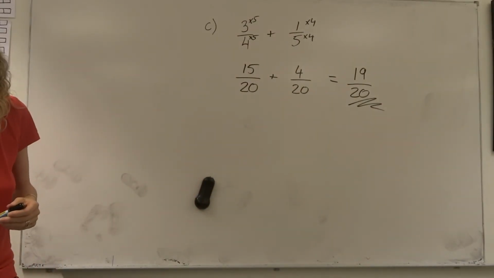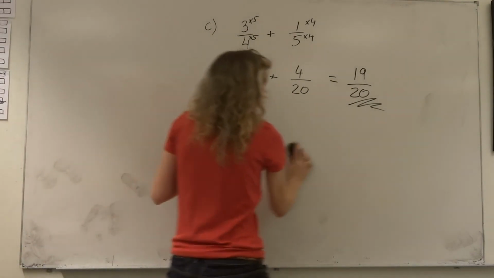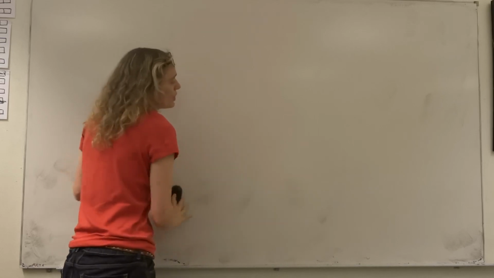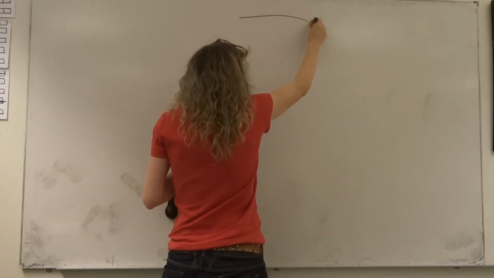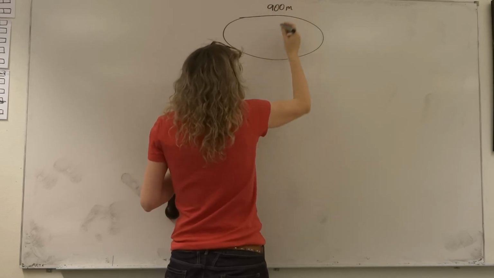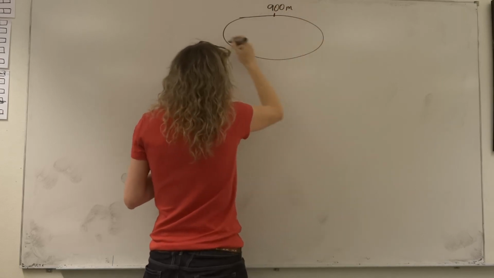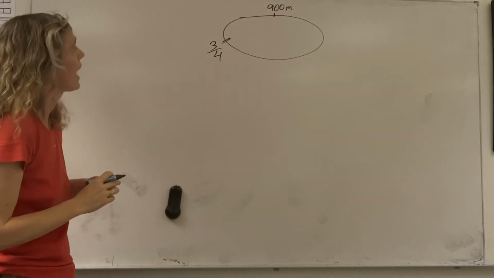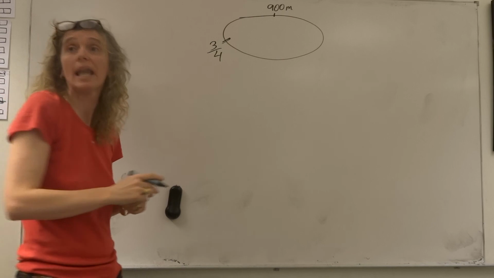Okay, we're almost done because the next question was how much do we have left if it's 900 meters to go around the whole track? And we have started here and we've gone 3/4 of the way round. 3/4 of the way round means that we've got 1/4 left.